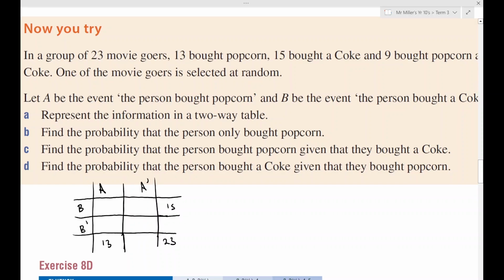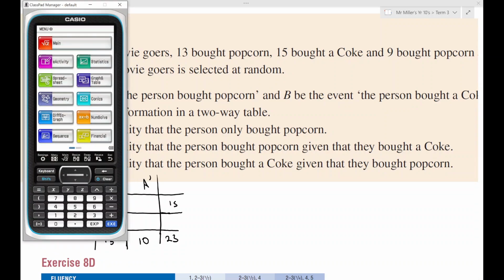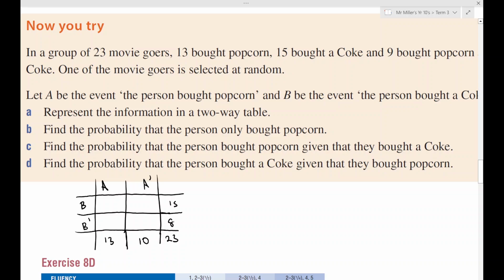We can go on and see that there's going to have to be 10 people that did not buy popcorn. 13 people did buy popcorn, 23 people went to the movies total. That means 10 people didn't buy popcorn. Same logic. 15 people bought a Coke, 23 people went in total. So 23 subtract 15. 8 people did not buy a Coke.